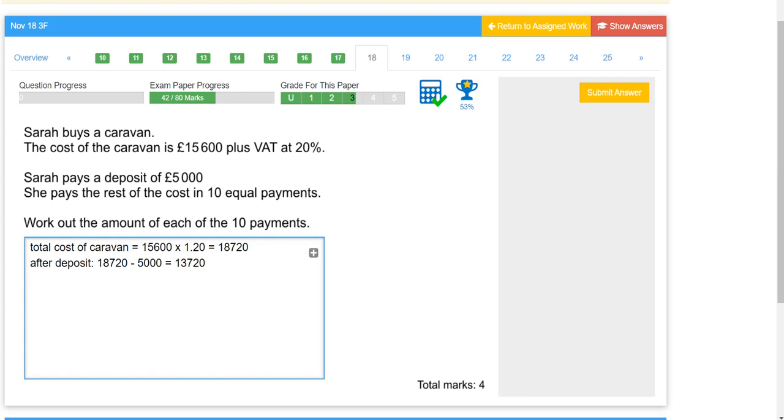And she's going to spread that over 10 installments. So one installment will be that amount, 13720, divided by 10. And if I do that, even without my calculator, drop off a 0, that should be £1,372.